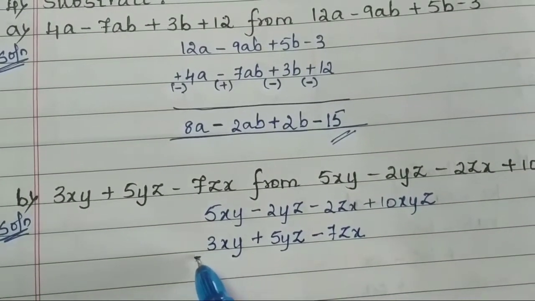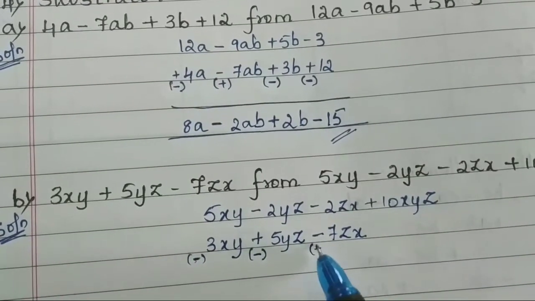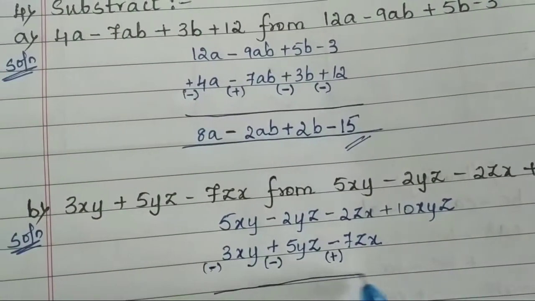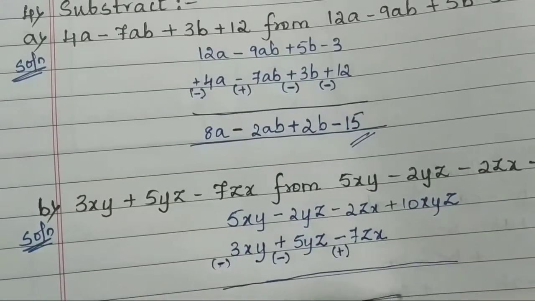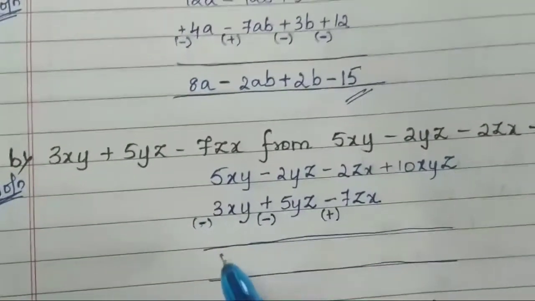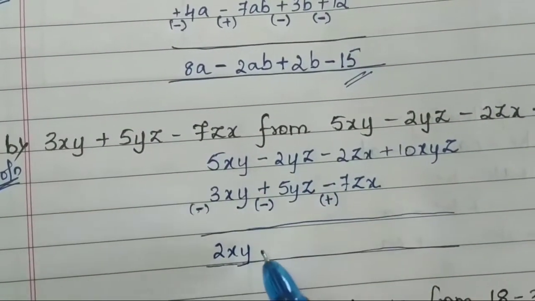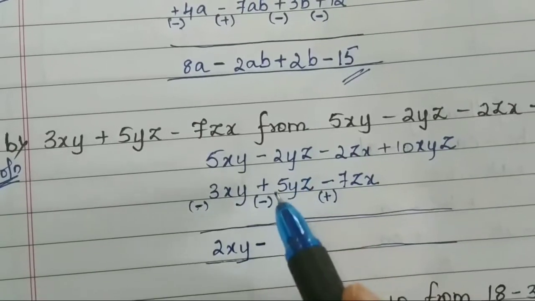Here it is plus, it will become minus, plus will again become minus, and minus will become plus. So here we will get the answer as 5 minus 3, which is nothing but 2xy. Okay, minus minus will be as it is, and we have to add this.